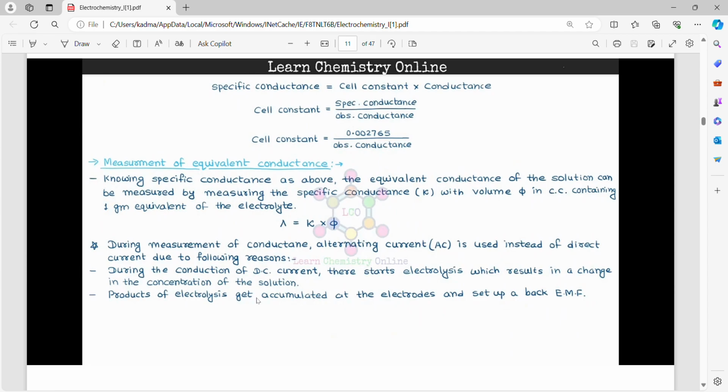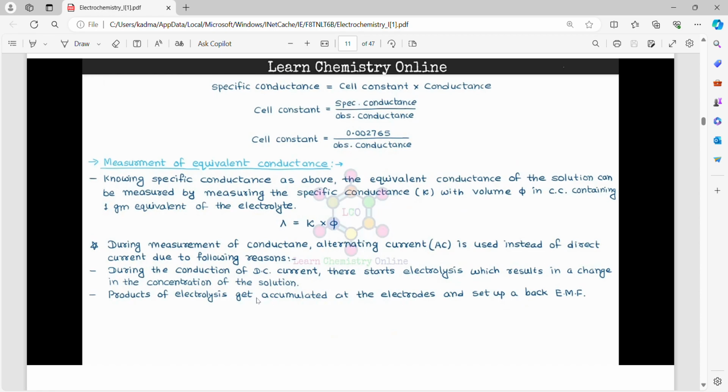Cell constant is equal to specific conductance upon observed conductance. Cell constant is equal to 0.002765 upon observed conductance. Measurement of equivalent conductance. Knowing specific conductance as above, the equivalent conductance of the solution can be measured by measuring the specific conductance K with volume phi in cc containing 1 gram equivalent of electrolyte.